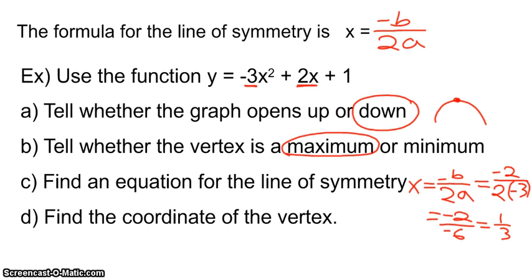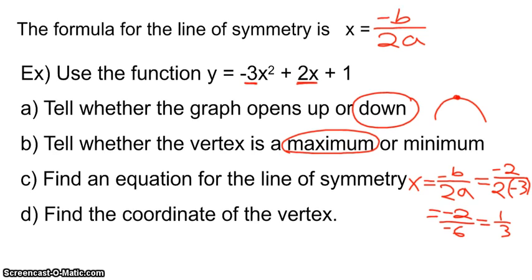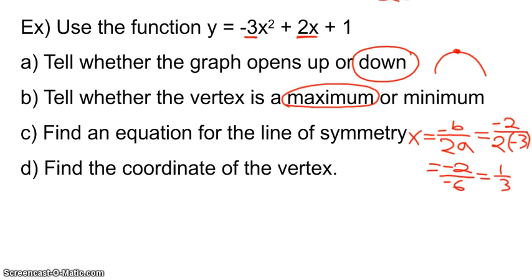Now we will find the coordinates of the vertex. We already have our x from the line of symmetry. So what we will use is our original equation and plug in the x to find our y.